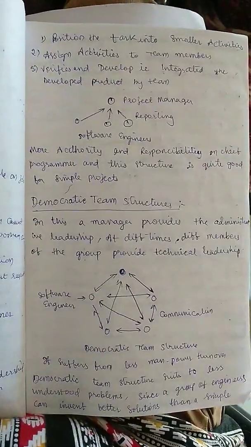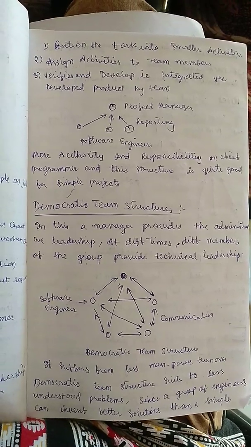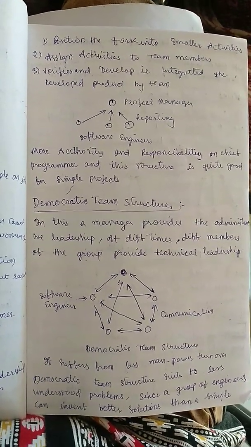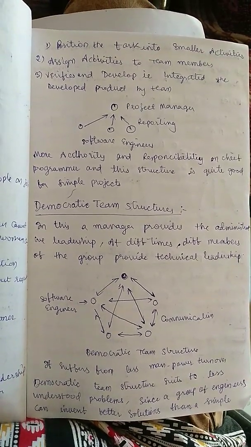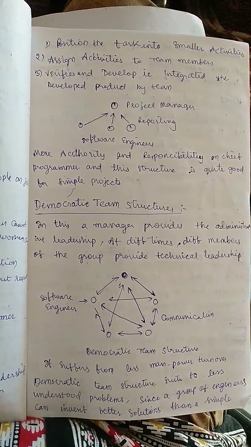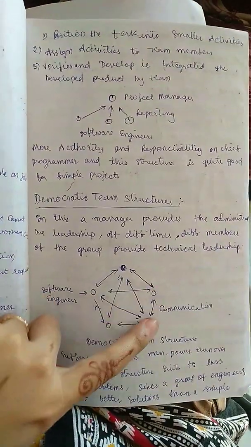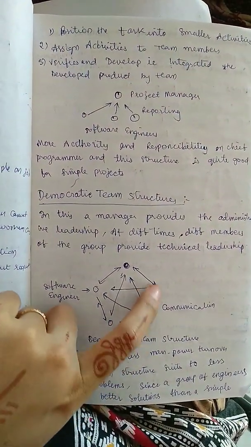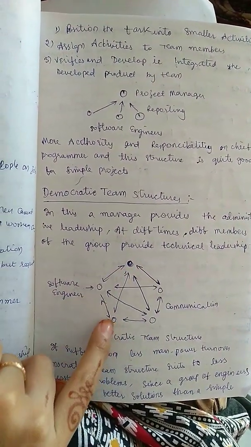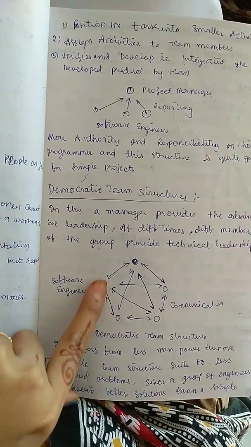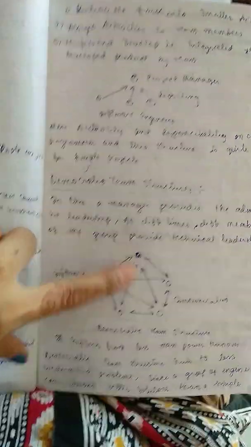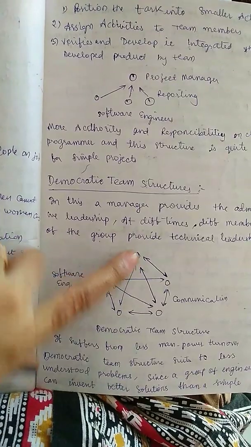Democratic team structure: in this, a manager provides administrative leadership at different times. Different members of the group provide technical leadership. In this kind of communication, A can communicate with B, B with C, A with C, like that.